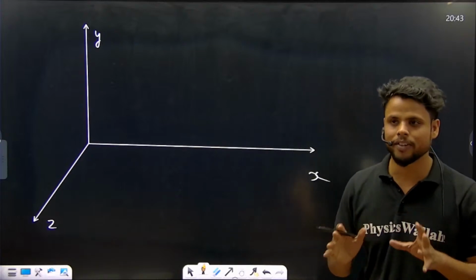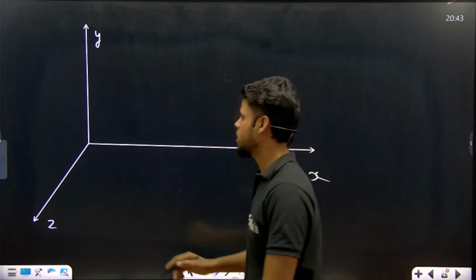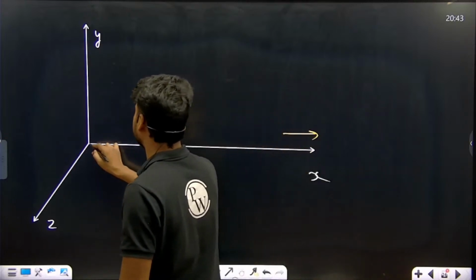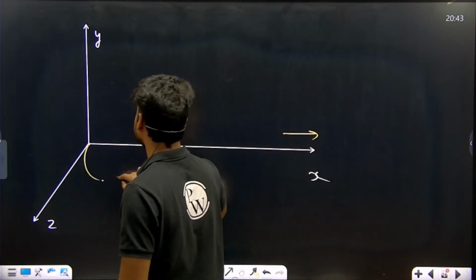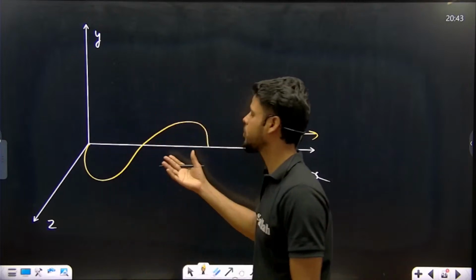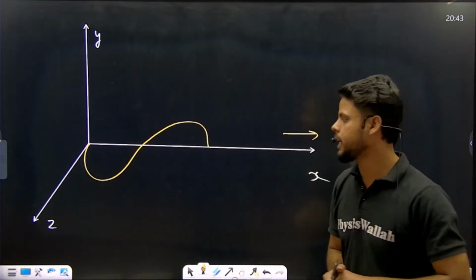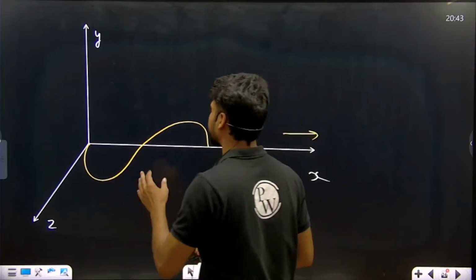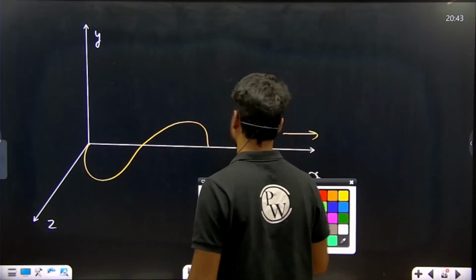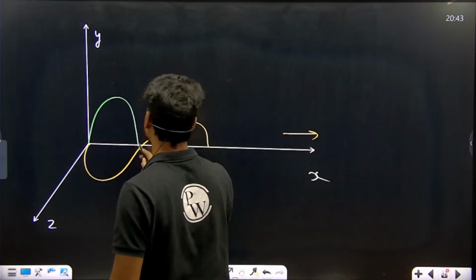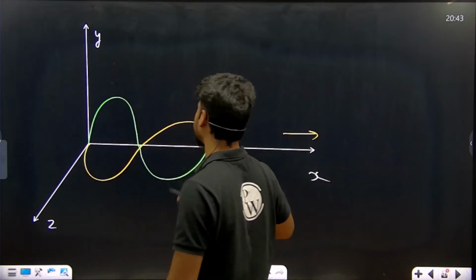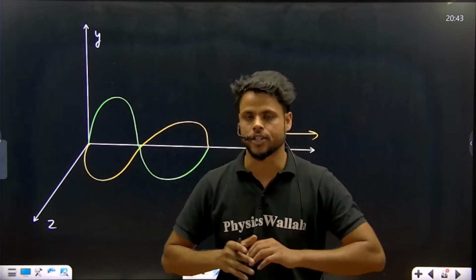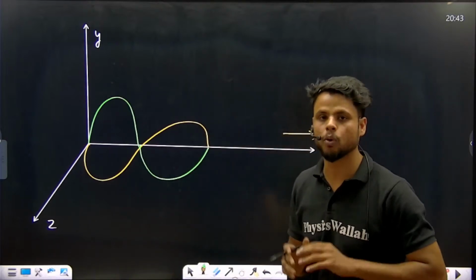I hope you will be able to understand it clearly. So if the wave is moving towards the x-axis, then the magnetic field will be in the xz plane, and the electric field will be in the xy plane, in this direction. And from here you can see that electric field and magnetic field are both in the same phase.